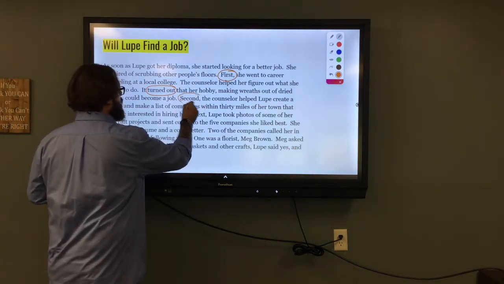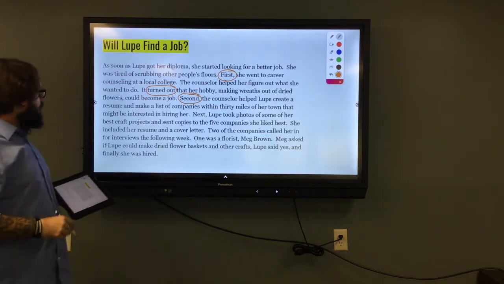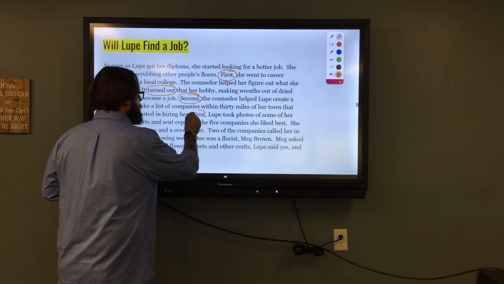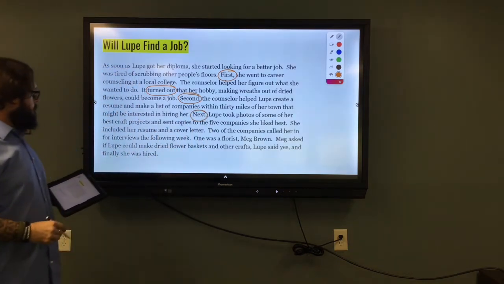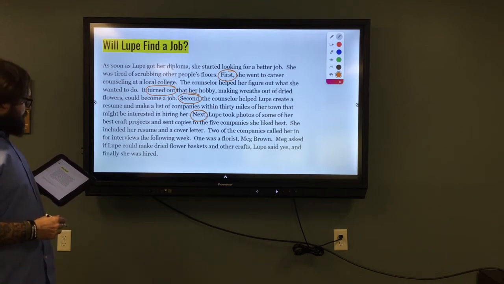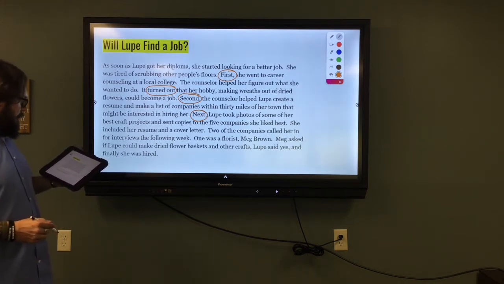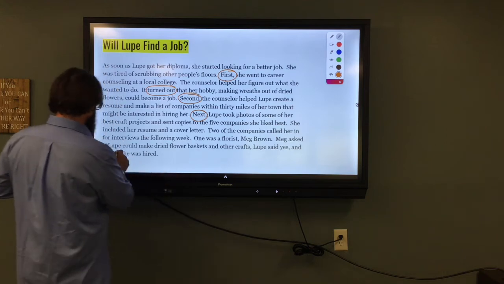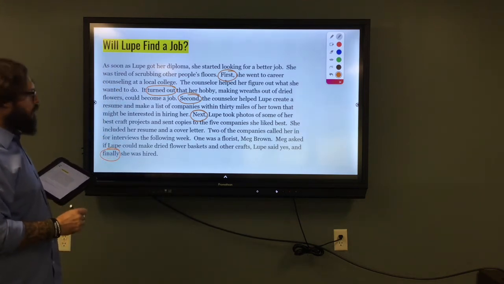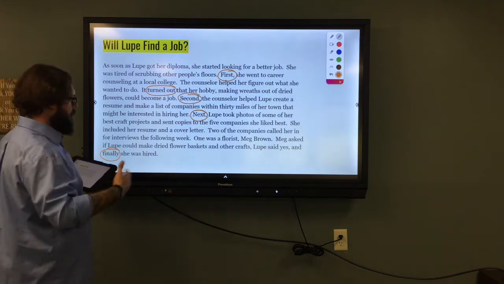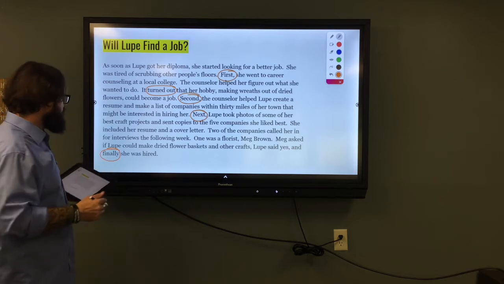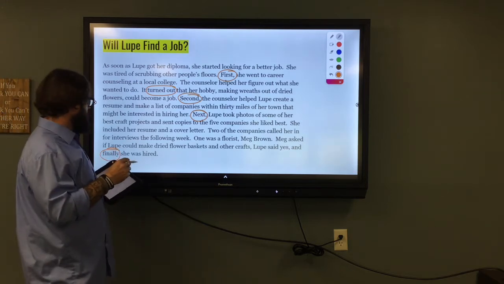Second, the counselor helped her create a resume. And then next, and then finally, she was hired. One other one that also signals to us another event that takes place in chronological order is the following week.